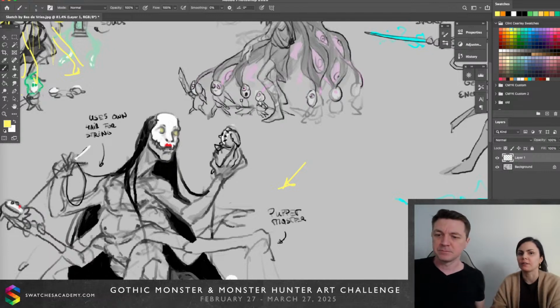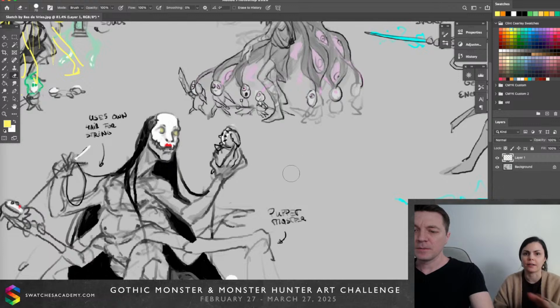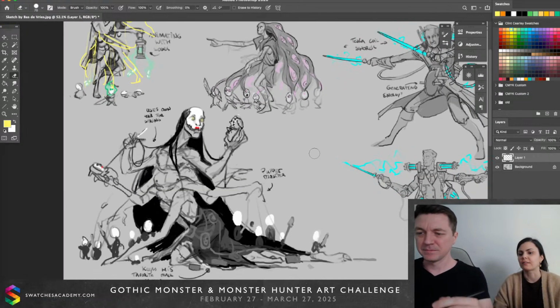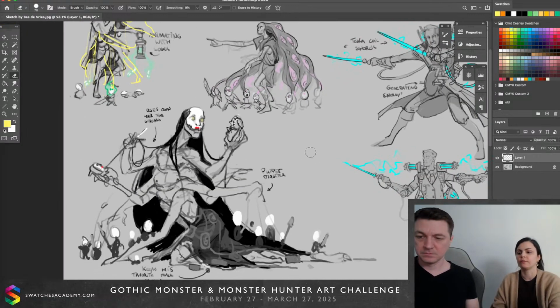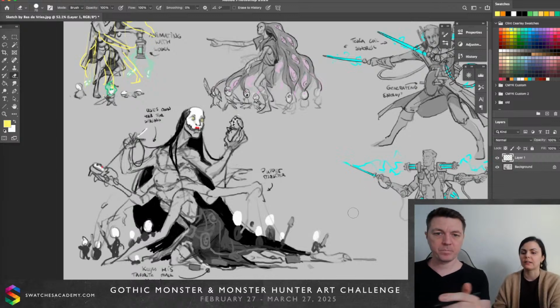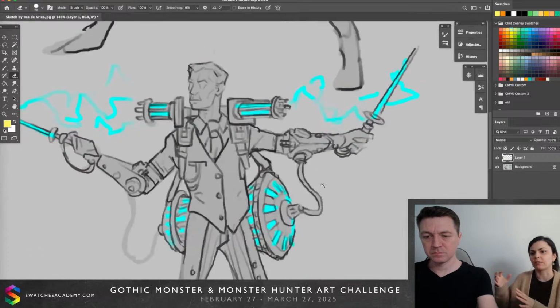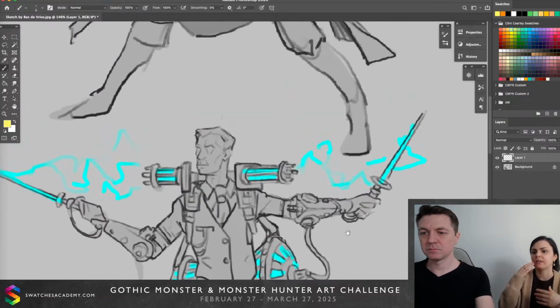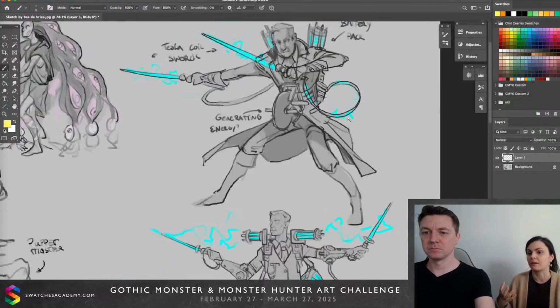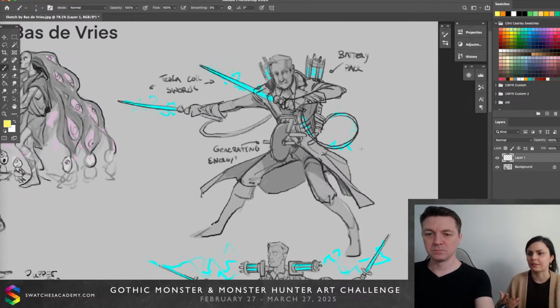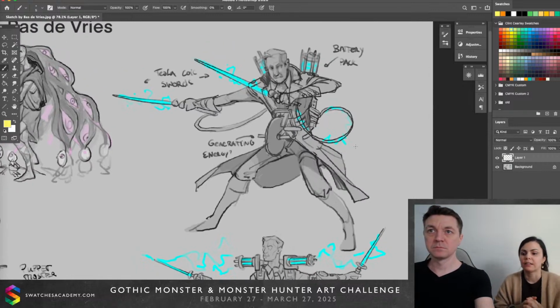I don't want to overwhelm Baz with concepts. We're just talking about an interpretation of something that could merit a hunter like this. So again, we looked at this earlier, which is the idea of designing these as a pair so that they fit together.